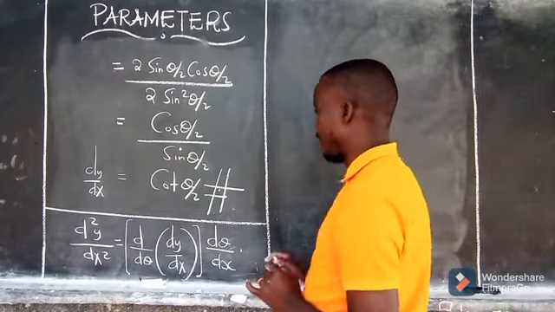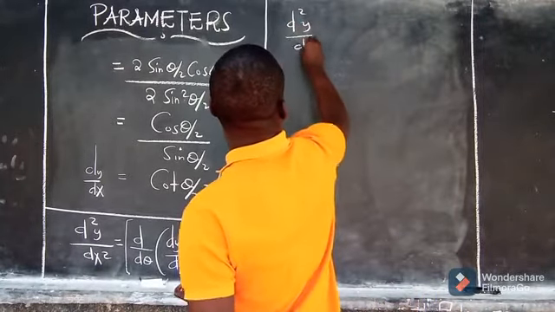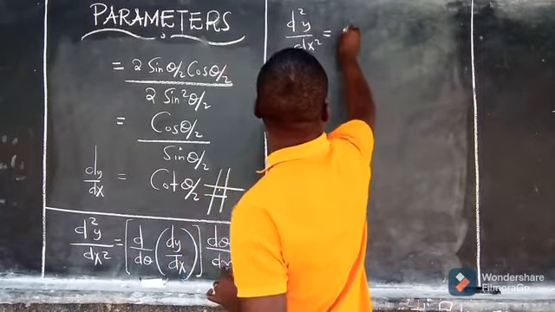So the second derivative is going to be equal to the derivative with respect to theta of dy/dx, which is cot of theta out of 2. Then we shall multiply the whole of that by dθ/dx.